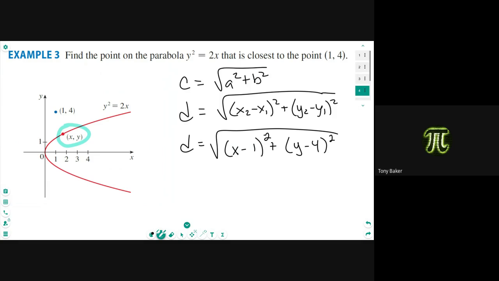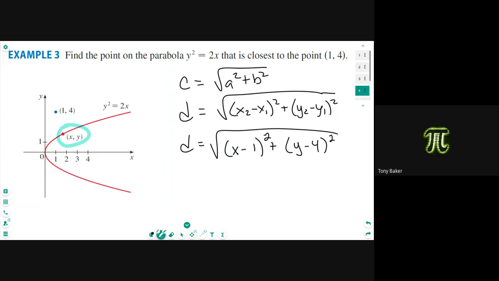What's the relationship with the x and the y? Do I have something else that I can use to get rid of one of those? Yeah, we could take the square root of it.